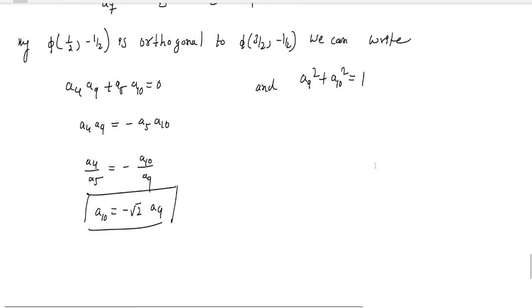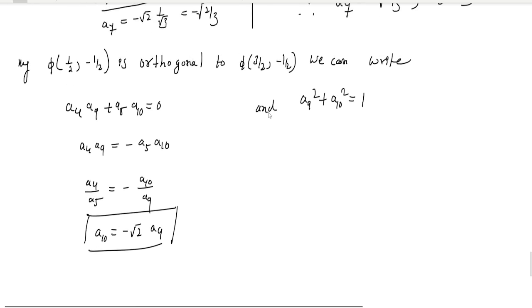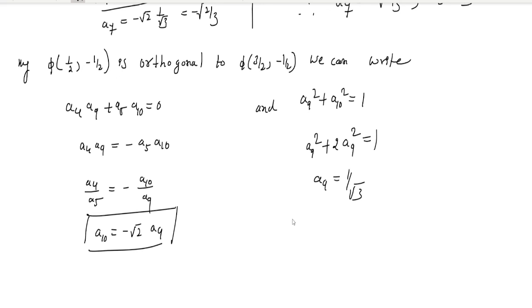So after putting these things, I can get this equation. So we know orthonormal condition. So from orthonormal condition, a9 square, try to put this a10 square here, 3 a9 square equal to 1, then a9 equal to how much? 1 divided by root 3.